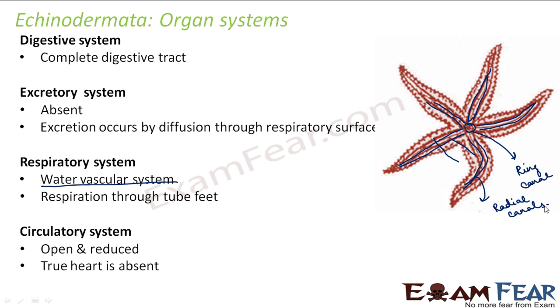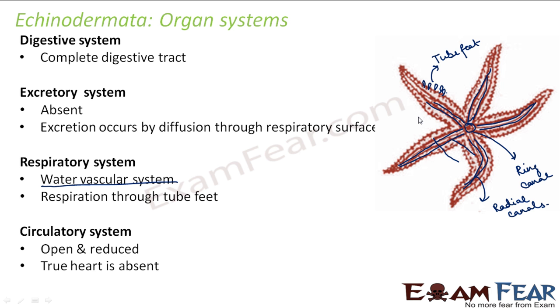So what do these canals do? Water enters the ring canal. From the ring canal, the water then enters all the radial canals. Outside the radial canals, you have structures which form the tube feet. From the radial canals, the water reaches the tube feet, and due to this movement of water, the tube feet help in movement and in exchange of gases.